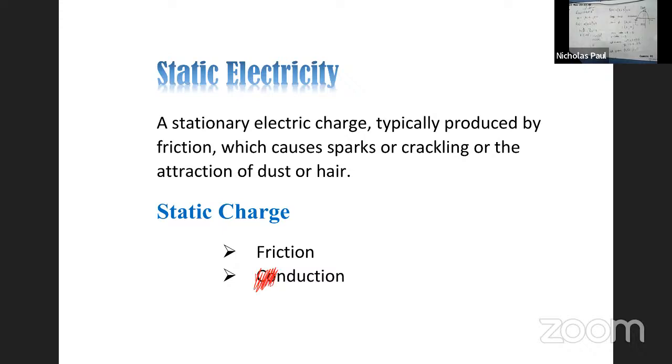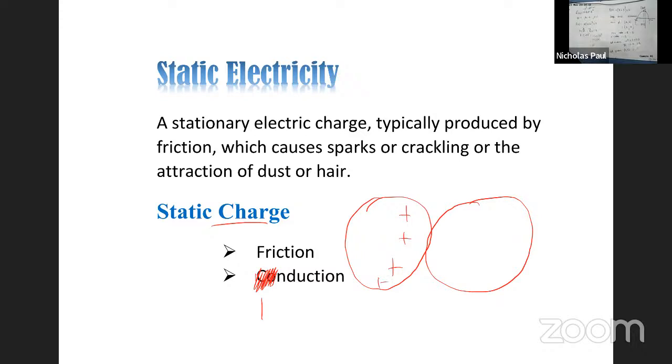What's the other word? Induction, right? So it's not charging by conduction, it's charging by induction. Here's how it works. Let's say you have a metal sphere with no charge, and you bring next to it a sphere that's positively charged.